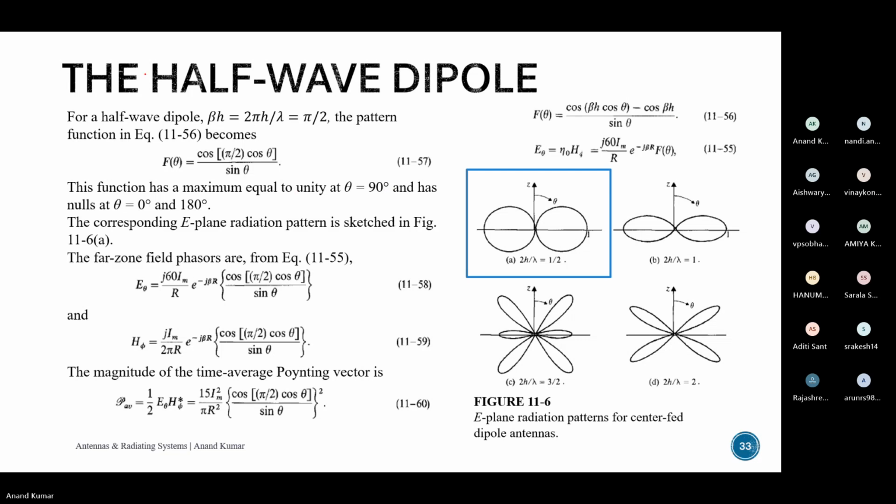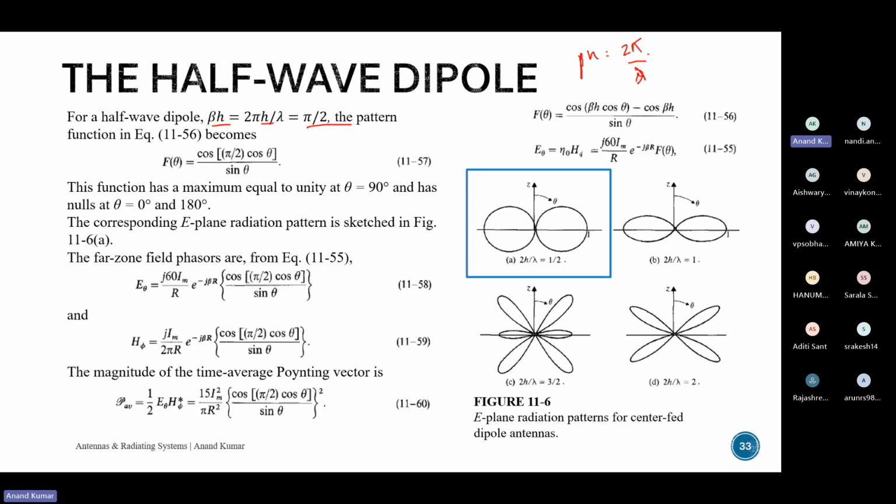For a half-wave dipole, beta h can be written as beta, which is 2 pi by lambda, multiplied by h. We wrote down that 2h is equal to lambda by 2, so h is lambda by 4, and upon doing some simple mathematics this becomes pi by 2. I hope everybody followed that.